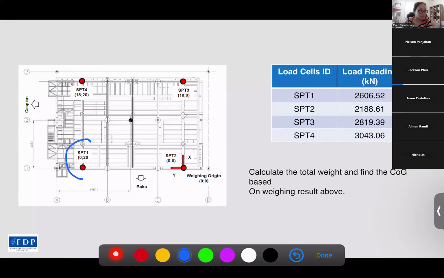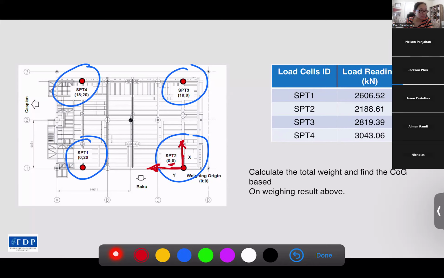SPT1 is here, SPT2 here, 3, 4, and the Cartesian coordinate axis is X to this direction and Y to this direction. The coordinate for SPT2 is exactly at the origin point.